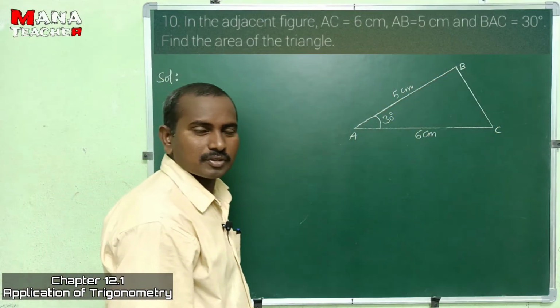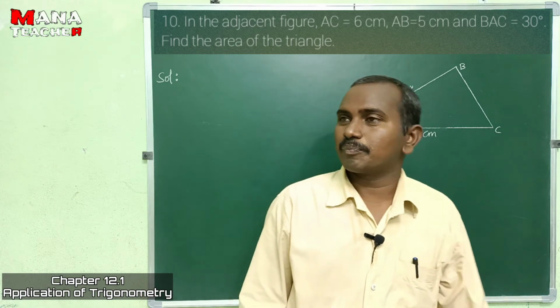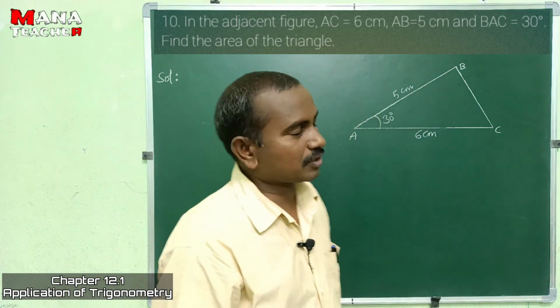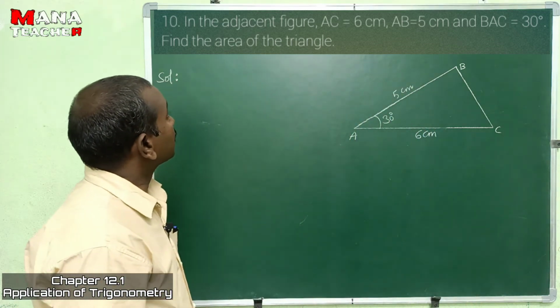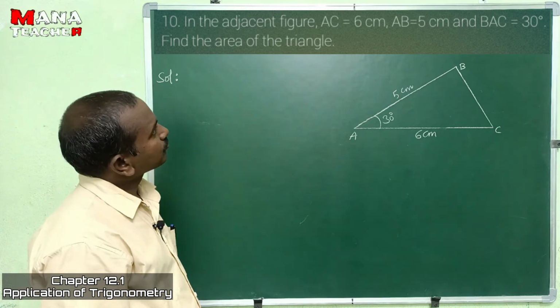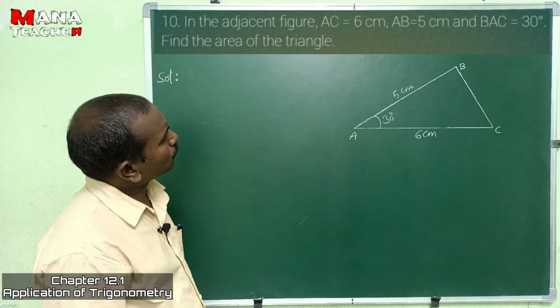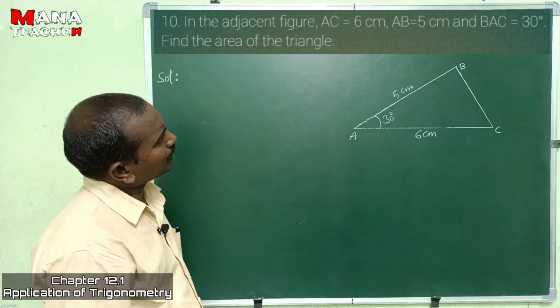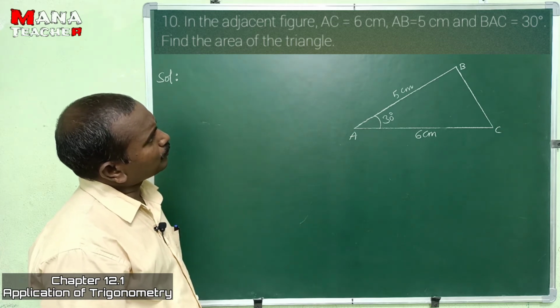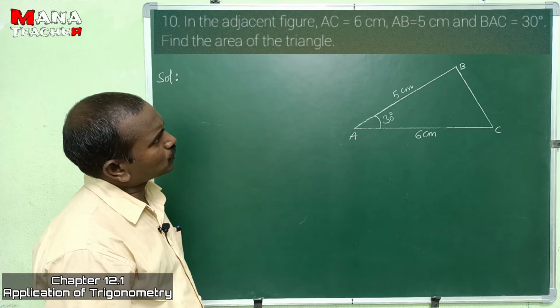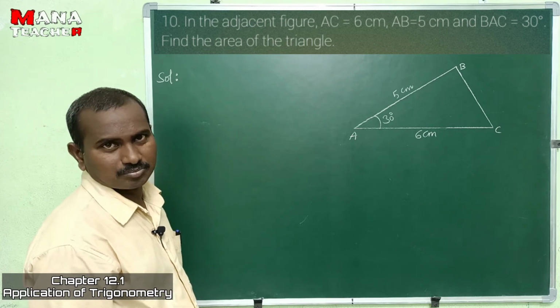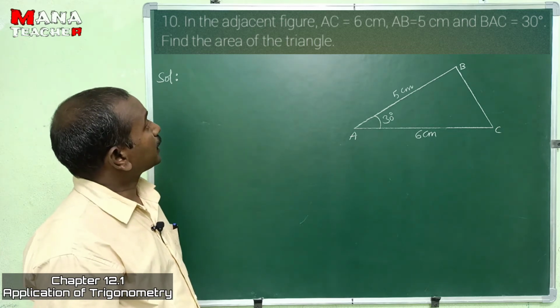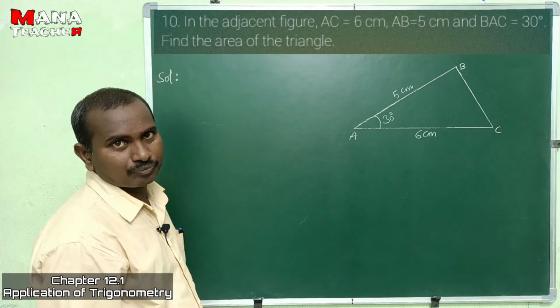Now, the last problem in the 12.1 exercise. In the adjacent figure, AC equals 6 centimeters, AB equals 5 centimeters, and angle BAC equals 30 degrees. Now find the area of the triangle.